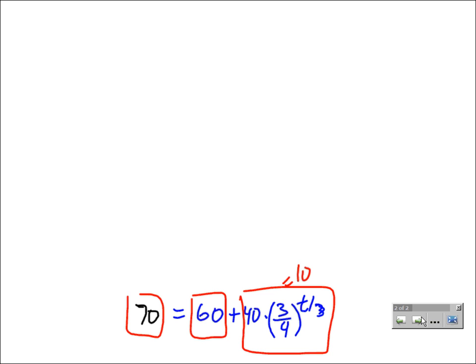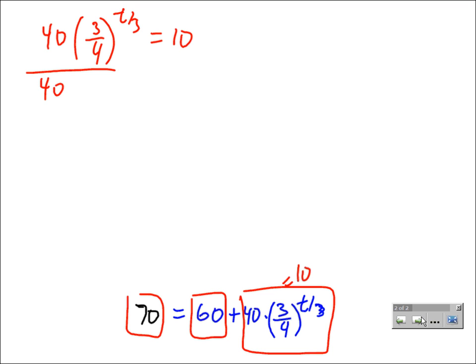That's 10. 40 times 3/4 to the t over 3 is 10. You should know 40 times 1/4 is 10. But if you didn't, it's cool, because you can divide by 40, you get 3/4 to the t over 3. Divide the other side by 40, and you get your quarter.